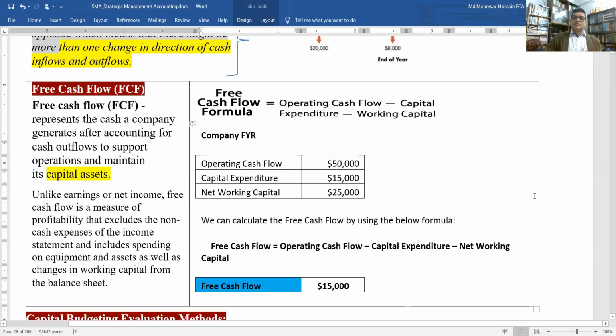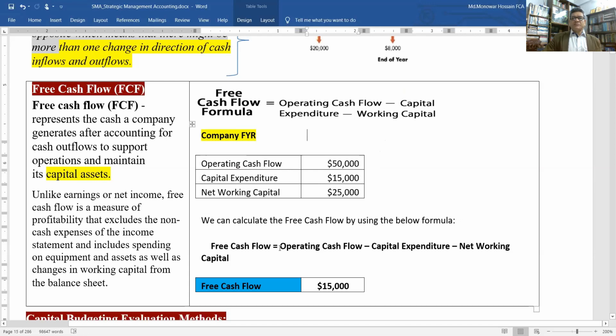So look, FYR, a company. I think you know who FYR is. The operating cash flow is 50,000, capital expenditure, that means capex, 15,000, net working capital 25,000. So we can calculate the free cash flow by using the formula.